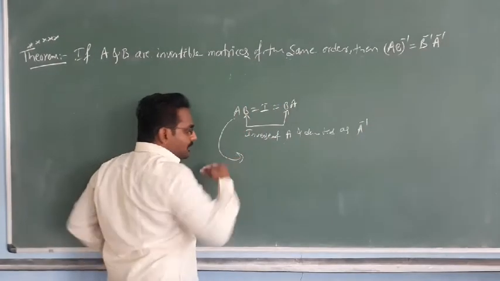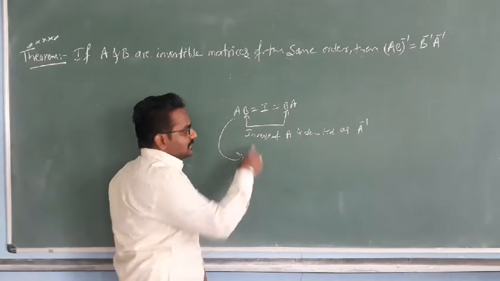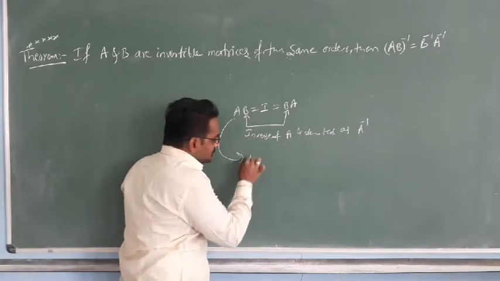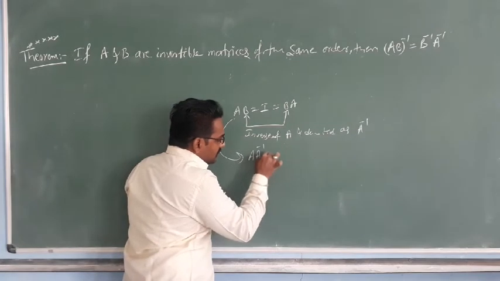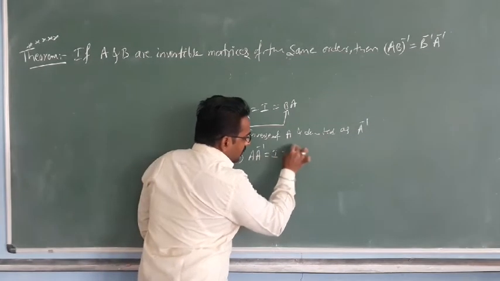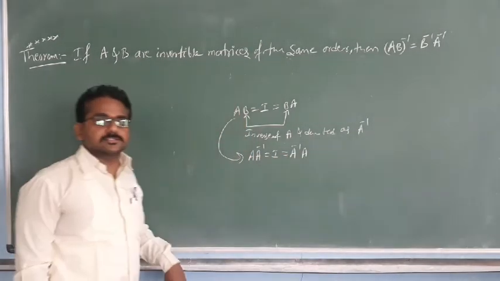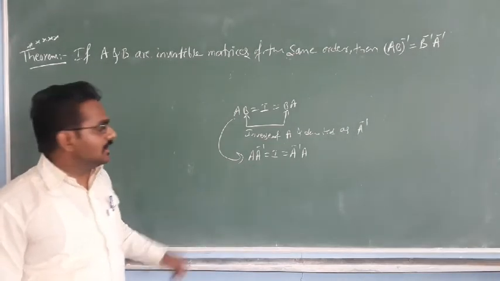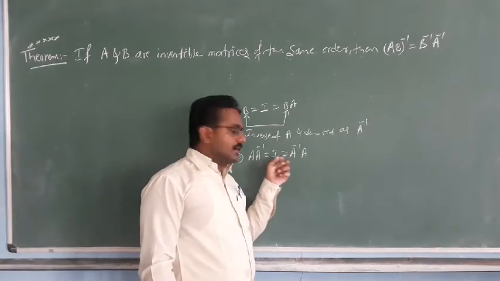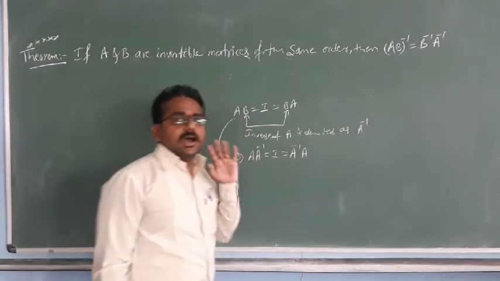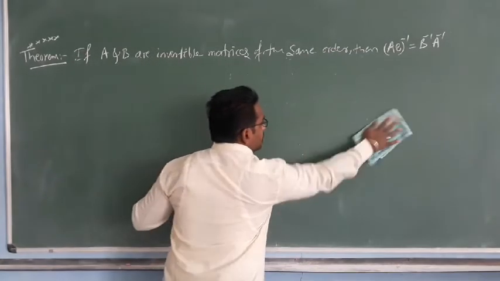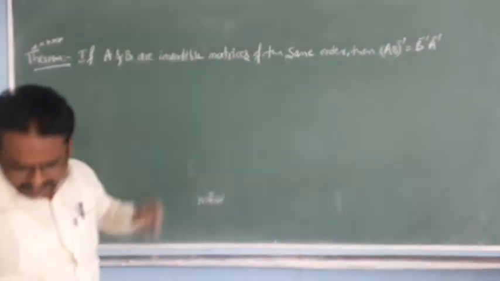So the above statement can be replaced: B is the inverse of A and is denoted by A inverse. That is A into A inverse equals I, or A inverse into A equals I itself. Got the point, students?